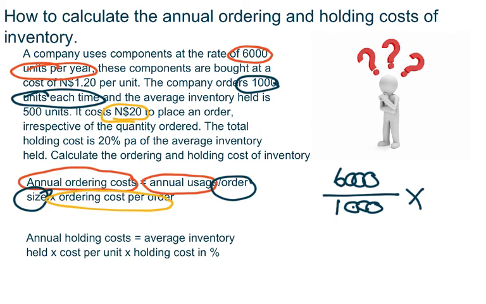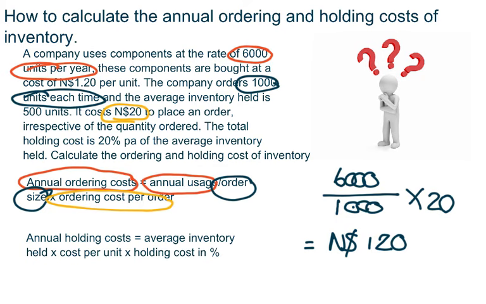So then it will be times 20. If you do this calculation, I will quickly do this calculation. Then I will get 120. So this means my annual ordering cost equals 120 Namibian dollars.